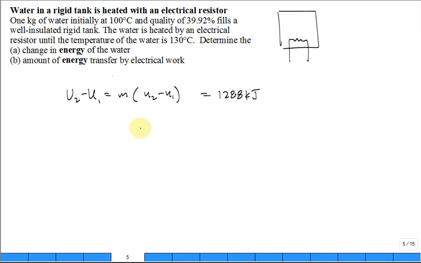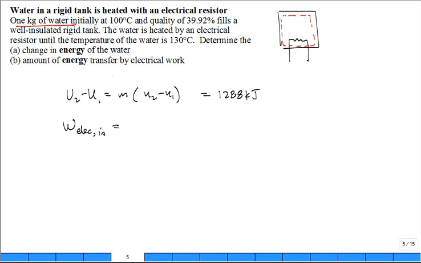And then the amount of energy transfer by the electric work. I had different notation for that. Maybe I put work, electric, and if I said in, that means I'm saying it's a sign convention, work is in, and then I'm going to be getting a positive answer because my control volume is just the 1 kilogram of water.